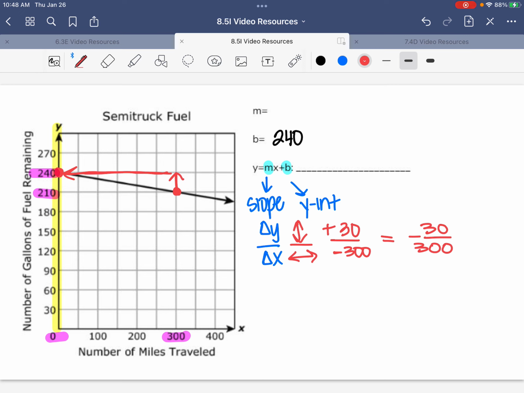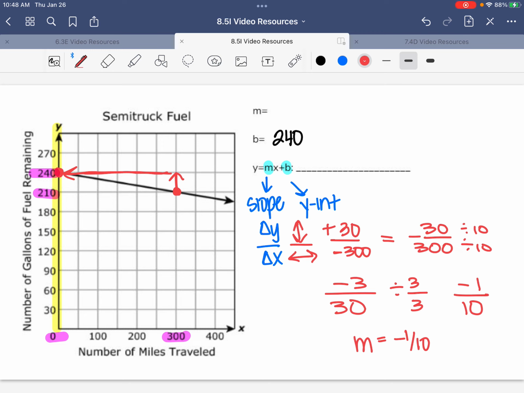And if I put that in my calculator or use my number sense, I can divide by 10 to get negative 3 over 30, and I can divide by 3 again to get negative 1 over 10. So my slope would be negative 1/10, which could also be written as a decimal of negative 0.1.